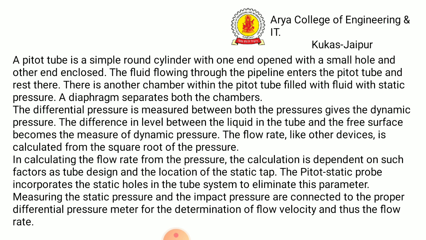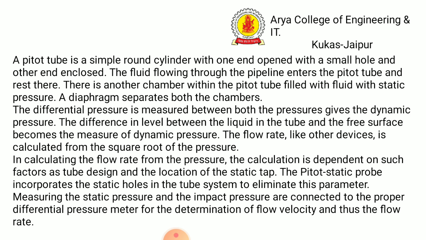The difference in level between the liquid in the tube and the free surface becomes the measure of dynamic pressure. So the flow rate, like other devices, is calculated from the square root of the pressure. In calculating the flow rate from the pressure, the calculation is dependent on such factors as tube design and location of the static tube.